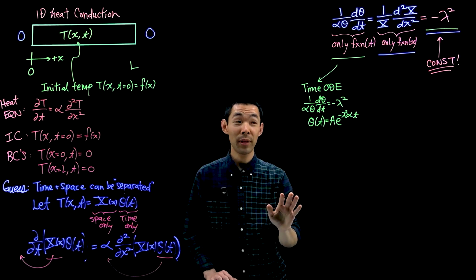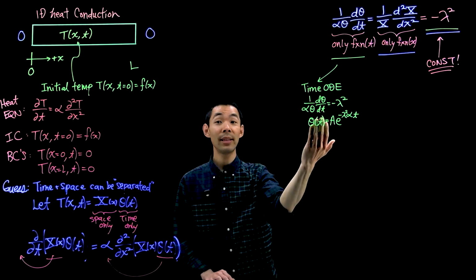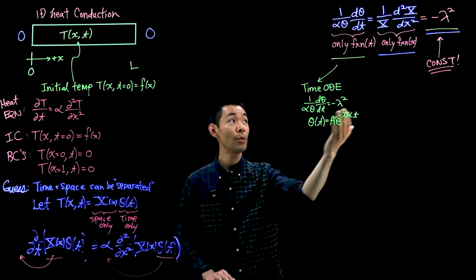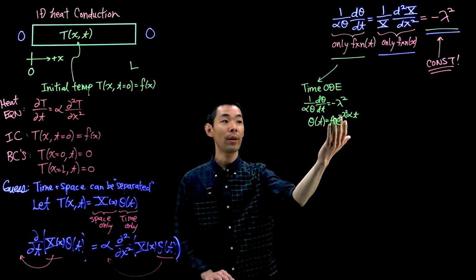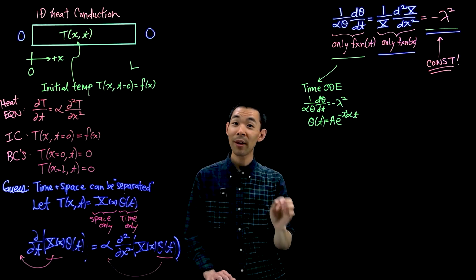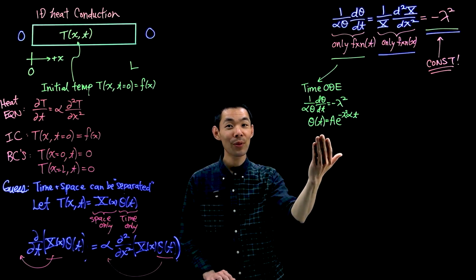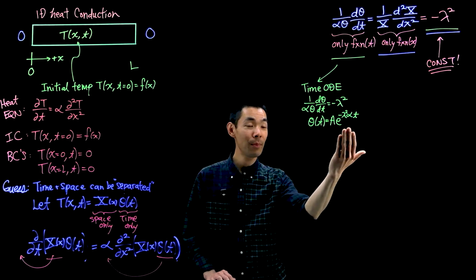Here's the first ODE. 1 over alpha theta times d theta dt is equal to negative lambda squared. This is just a first order separable ODE, things that we like to hear. The solution to this first order separable ODE is just given by the following.